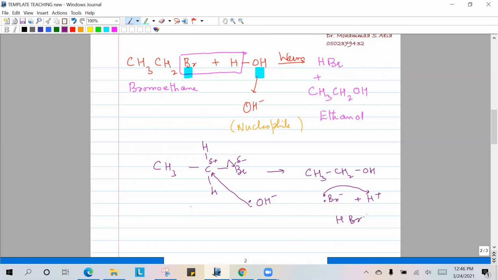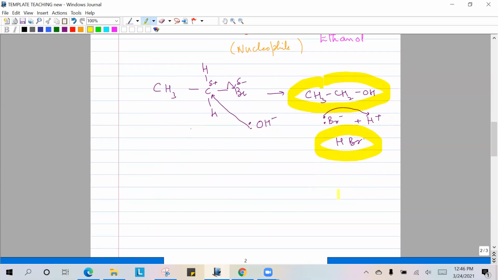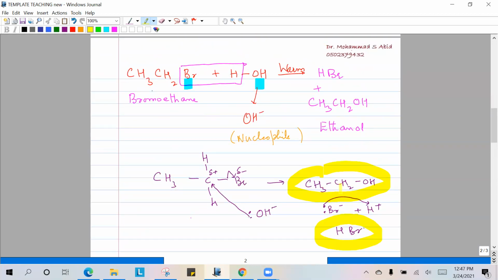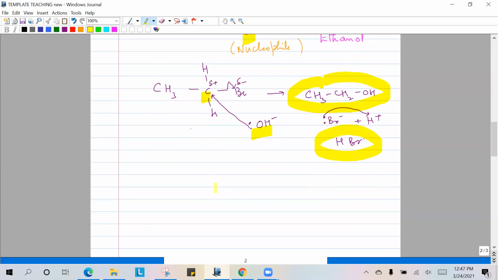So your products are this and this. The mechanism is not required, I'm just trying to explain that, based on the electronegativity difference between the carbon and the Br, the carbon is a center of low electron density. So the nucleophile, which is the OH minus, attacks this, and the Br, being more electronegative, takes away the bond pair, or the electron pair, and then it bonds with the H plus.